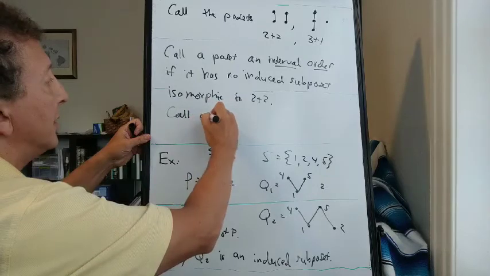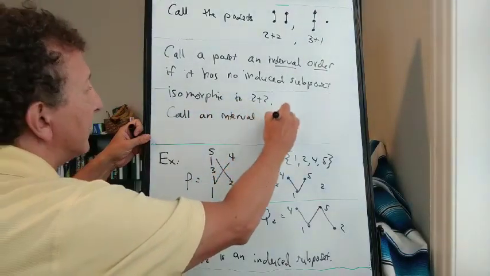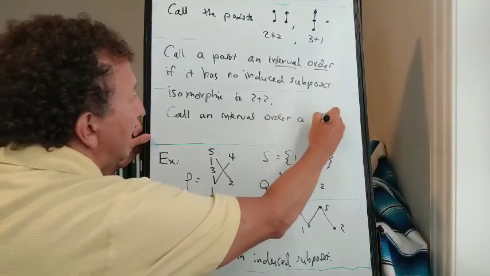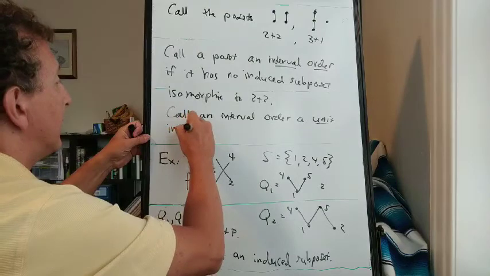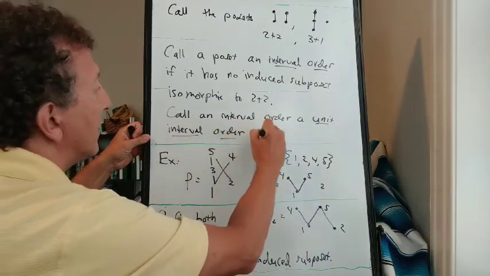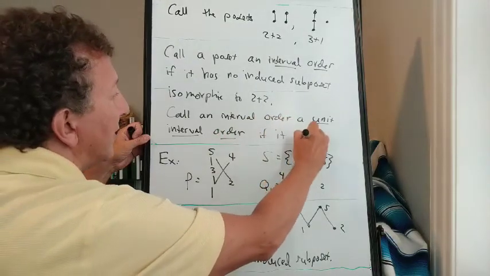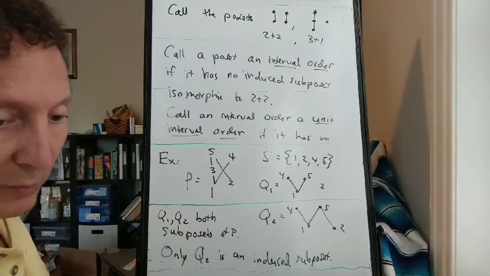And we call an interval order a unit interval order if it has no induced subposet isomorphic to 3 plus 1.